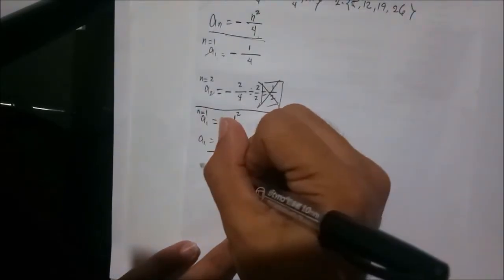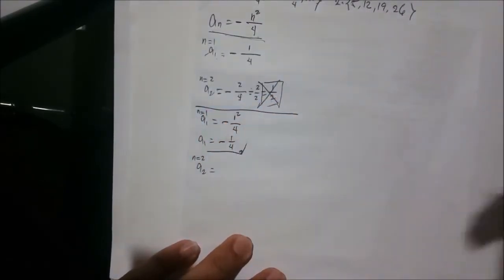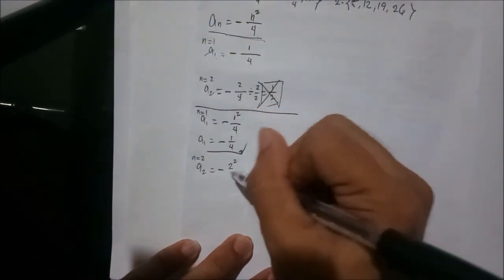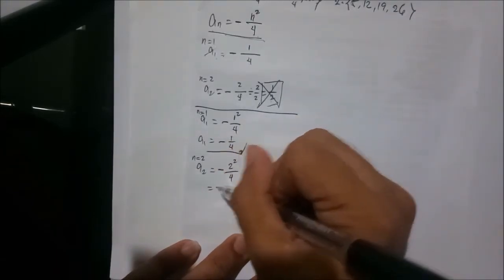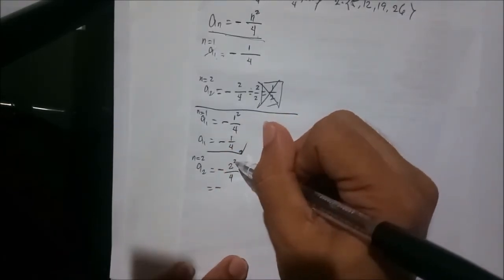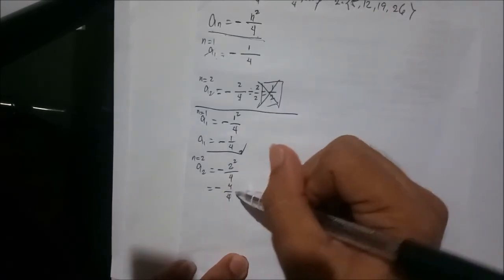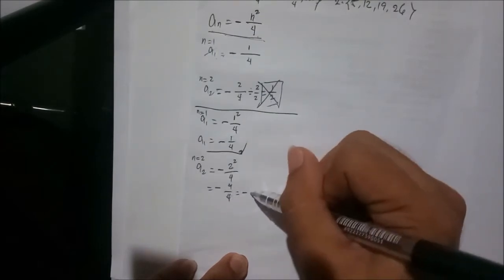Now let's proceed to a sub 2. N is equal to 2. Negative 2 to the power of 2 over 4 equals 4 over 4. Negative 4 divided by 4 is 1.